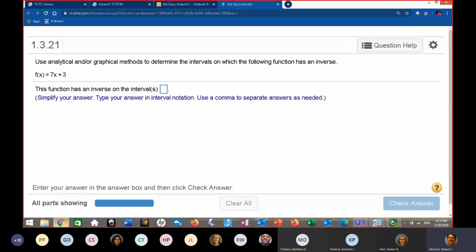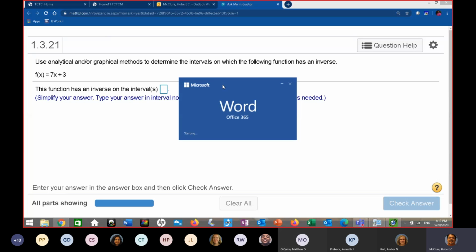Let me go to Word. Some of you may remember this, and of course I remembered it, but the way that they word the question, you lobotomize. You don't know what they're asking for. But I wrote this rule down, and it's another rule that you probably don't remember.